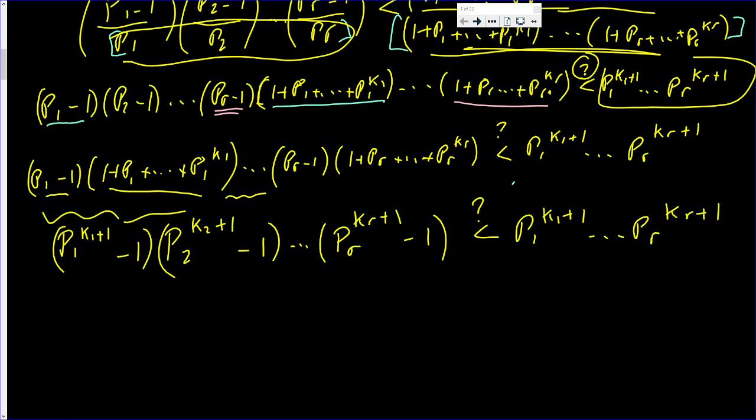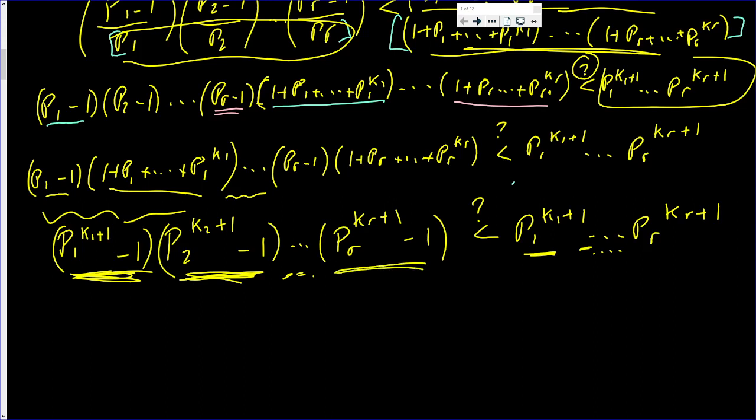But this is pretty clear. This is less than p1 raised to the k1 plus 1. It's 1 less. So this is less than this. This one is a little bit less than p sub 2 raised to the k sub 2 plus 1. It's less than the second one. The third, fourth, fifth, they're all less.